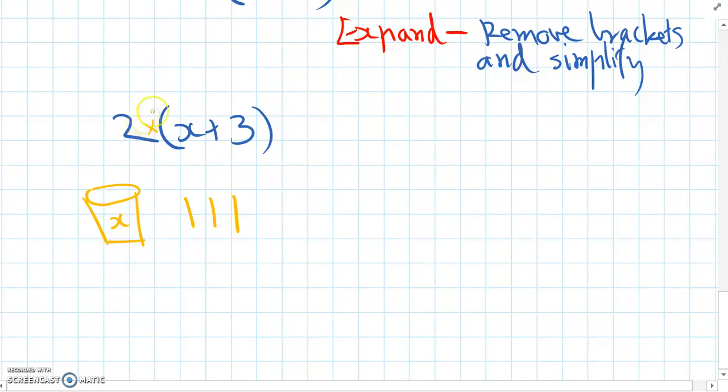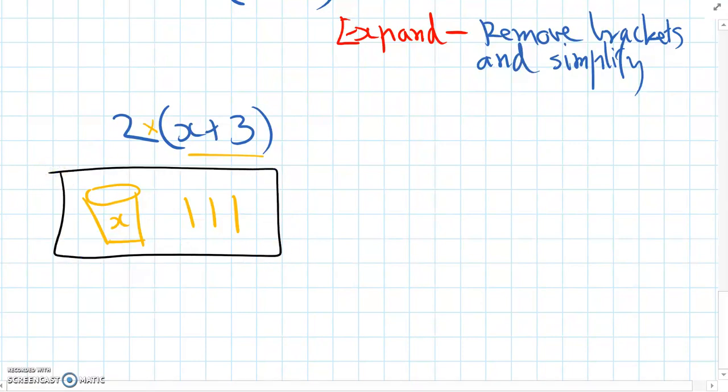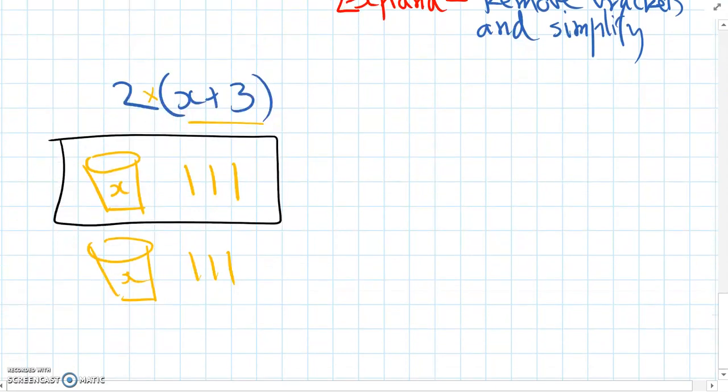So we have 2 times everything in the brackets, which means we need to draw 2 groups of what we just had. Everything that we've just drawn, we need to draw again. Another x cup plus 3. So now we have 2 groups of x plus 3.